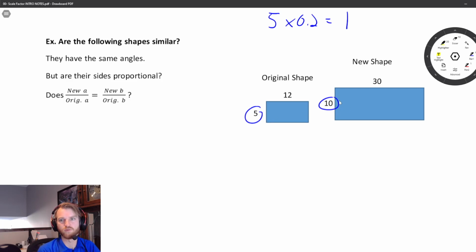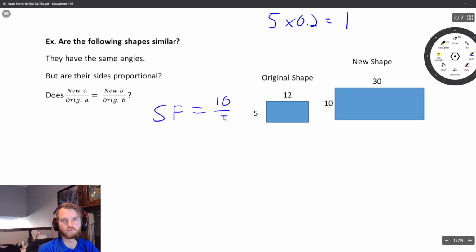This one you can probably see right away, that's going to be 2, but let's actually put it into our formula just to see. So our scale factor is the new divided by the original. So the new is 10 and the original is 5, and so we get our scale factor of 2. So these sides are getting twice as big. But now let's see, are these ones also getting twice as big? And you can probably tell right now that these two are not getting twice as big.